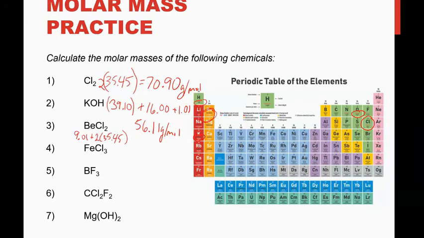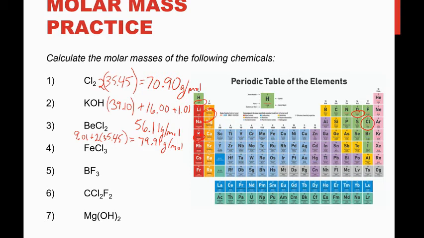So I end up getting 79.91 grams per mole.